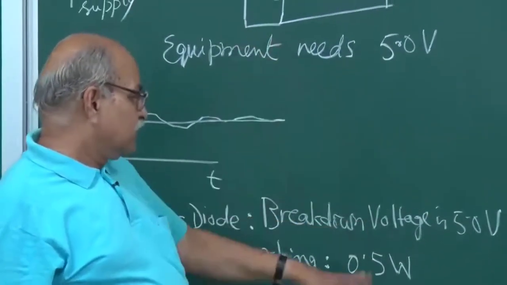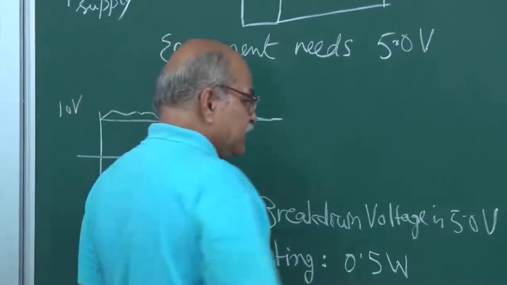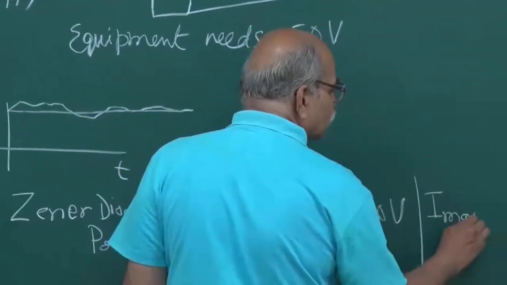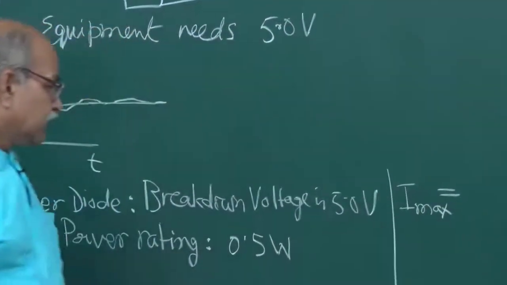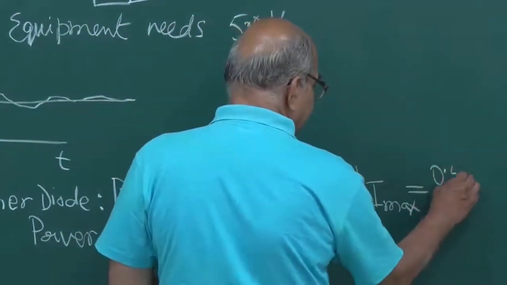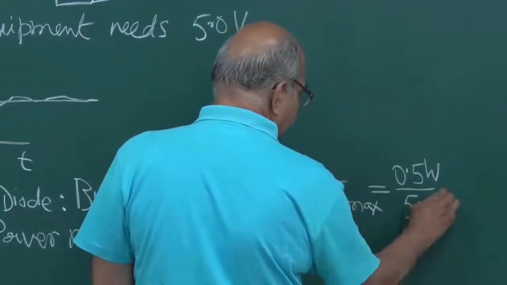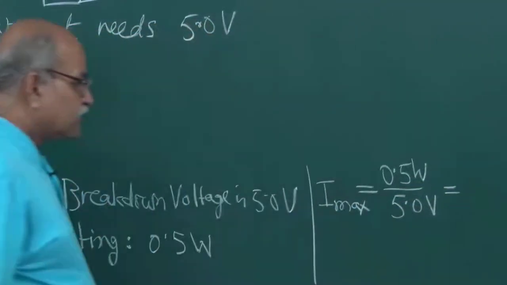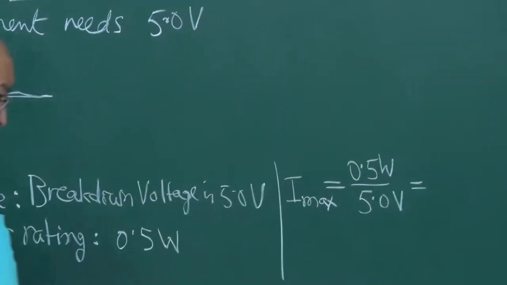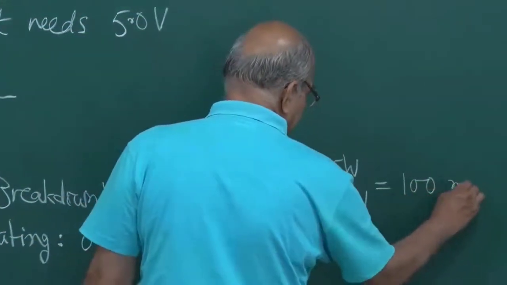Suppose for my Zener the power rating is 0.5 watt. What does that mean? The maximum current which can go through this Zener is what? V into I is power, so it should be 0.5 watt divided by 5.0 volts. That means it is 0.1 ampere or 100 milliampere.